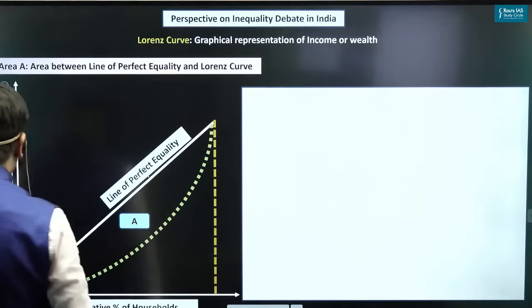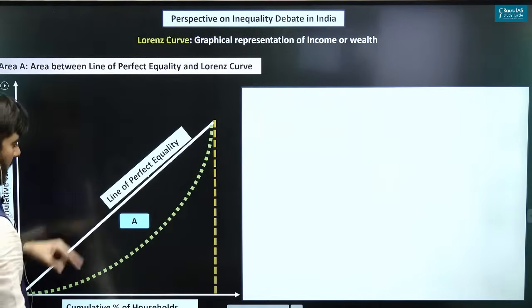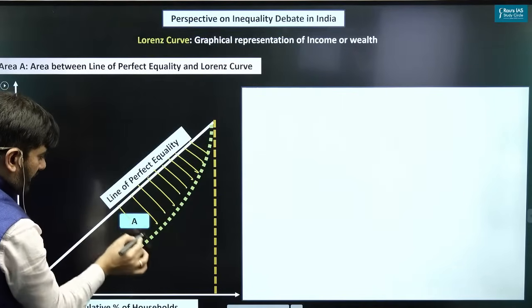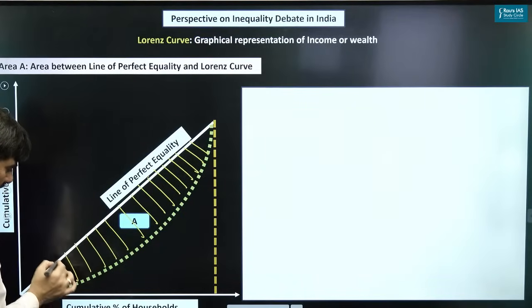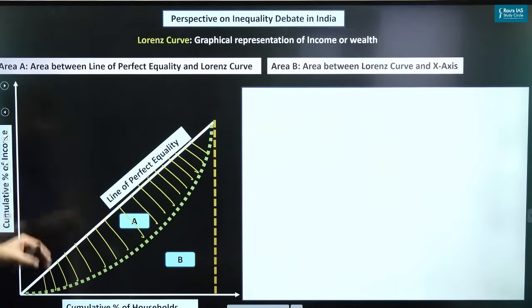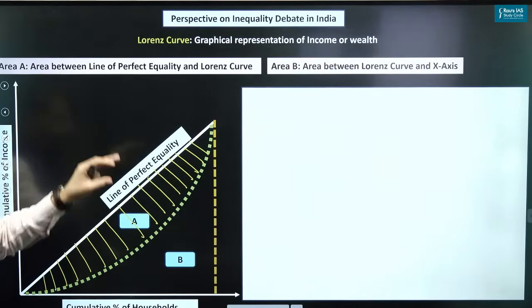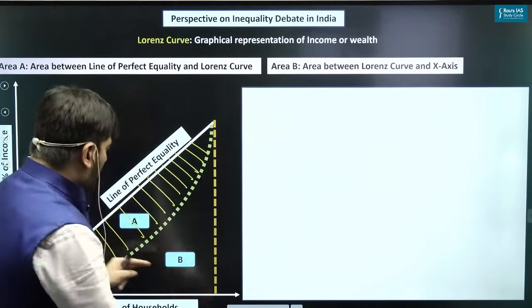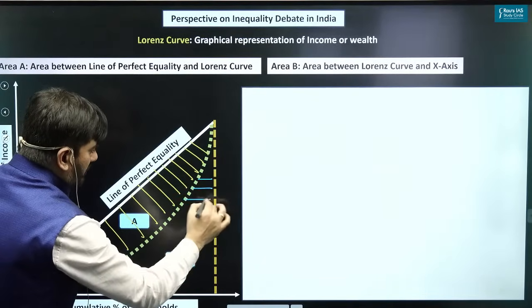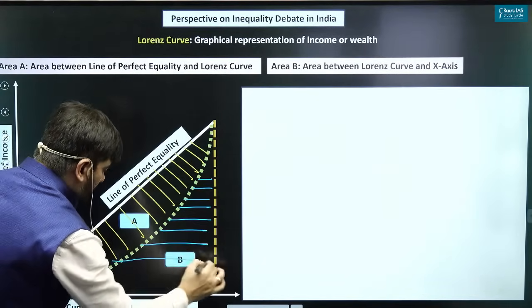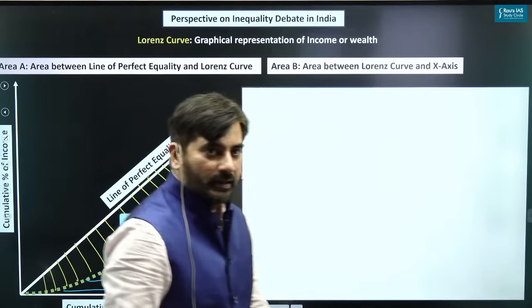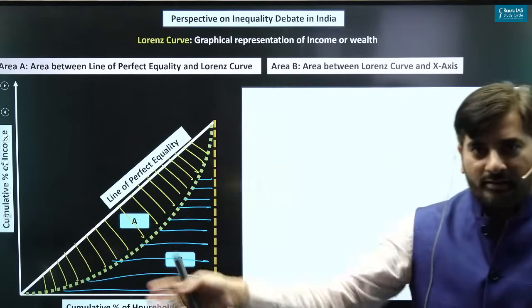This entire area between the line of perfect equality and the Lorentz curve is area A. In the same way, we have area B. Area B is the area between the Lorentz curve and the x-axis. I will draw this area B like this. This is area B. Area A and area B. I hope this is clear. So keeping this in mind, let's understand the Gini coefficient.